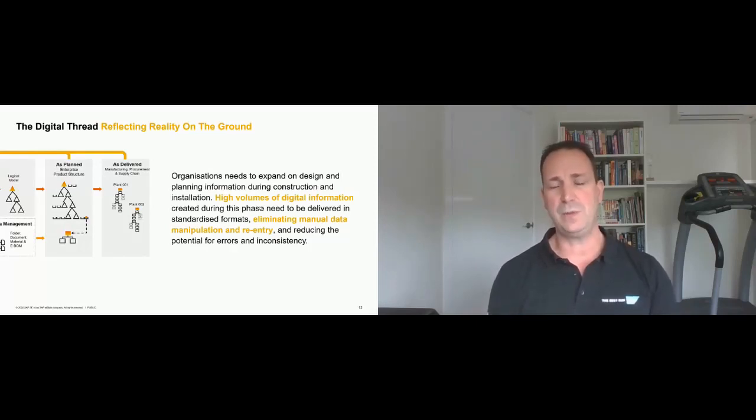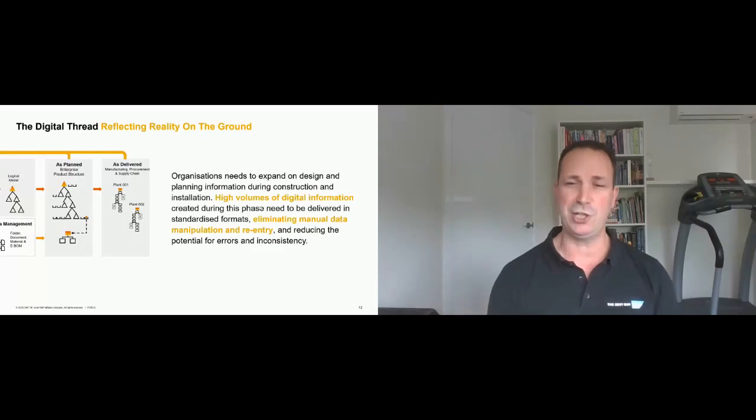But of course, that means that we need to have a view of how we're going to do that up front. It needs to be part of the business relationships we have, and in many cases, this needs to be part of the contract that we have with the constructor, that actually you're going to deliver me digital information. But that doesn't just mean a whole lot of PDF documents, but actually it's structured digital information in a particular standard or a particular format that can then be reused.